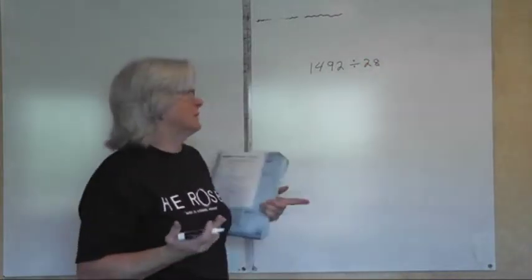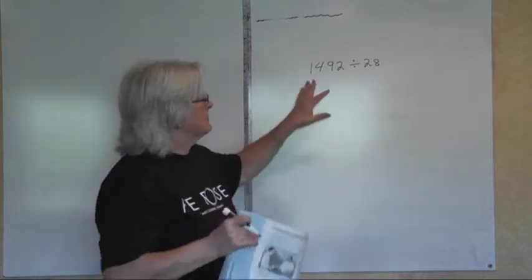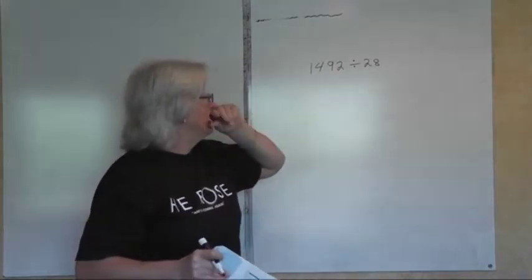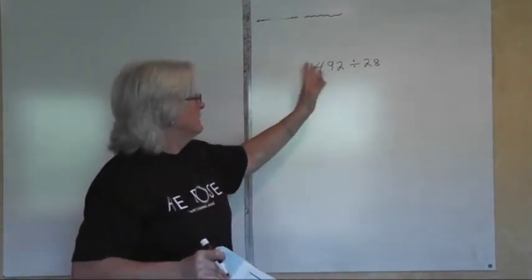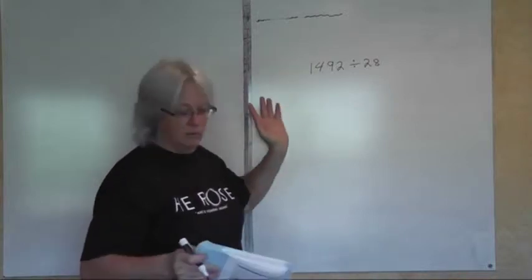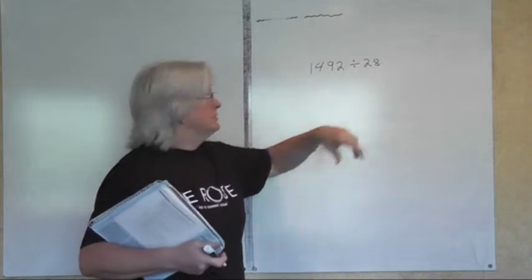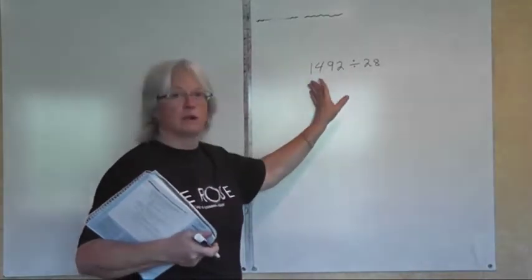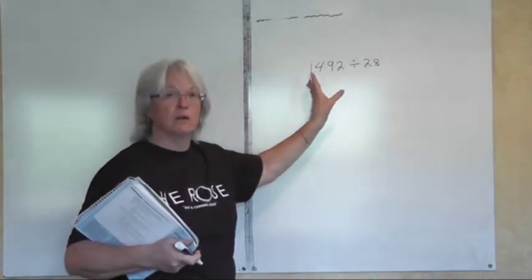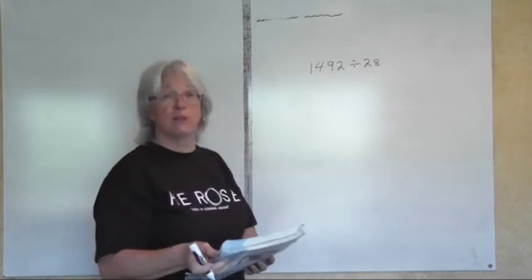I'm looking at that, and I don't have a clue. I could come up with an answer, but I'm not going to take the time to do it. But I do know that I can come up with an estimation when I'm dividing. So let's see what they tell us to do.